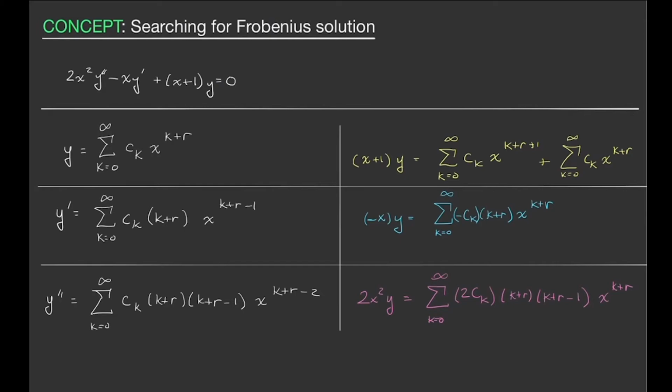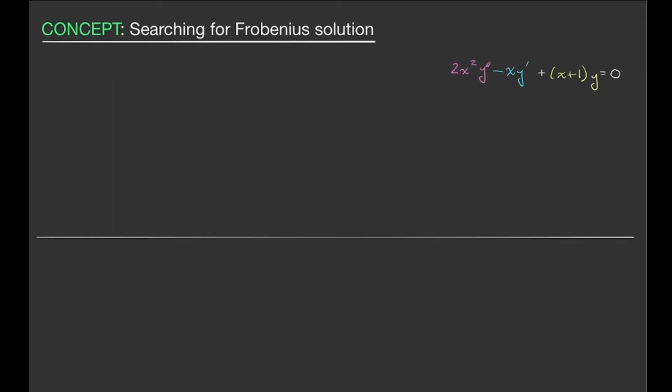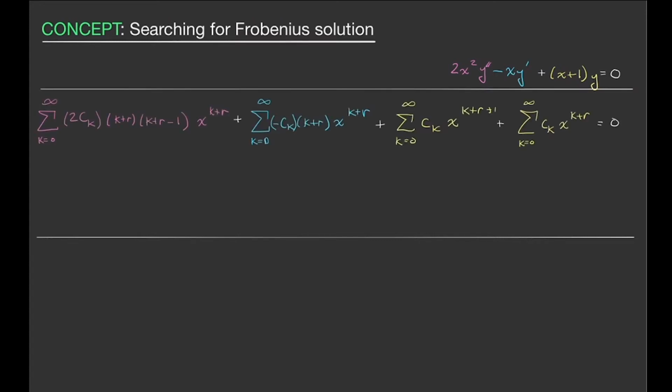Now let's assemble this all together. We'll start by coloring the different terms to help with following what term comes from where. Substituting in the series gives us this very long expression. And now we notice that as far as x to some power, we have x to the k plus r, x to the k plus r, x to the k plus r.